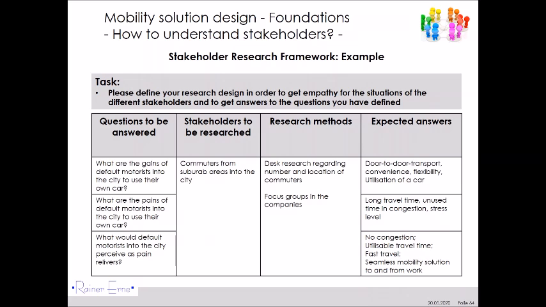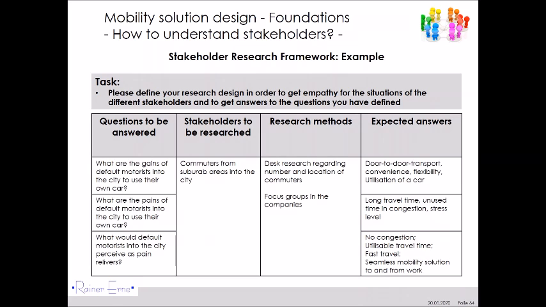Pains could be, that are all assumptions, a long travel time due to congestions, all the unused time you lose in congestions, and also the stress level, especially at peak times when you commute to work.